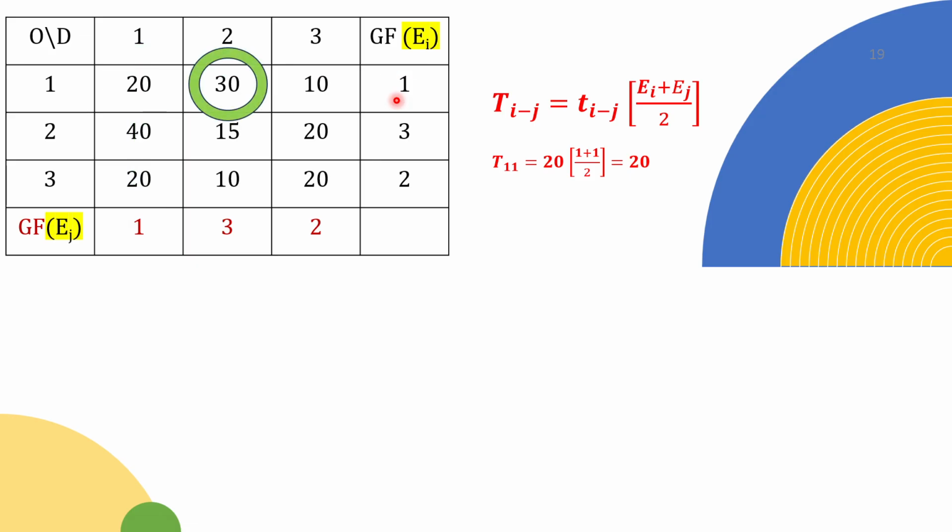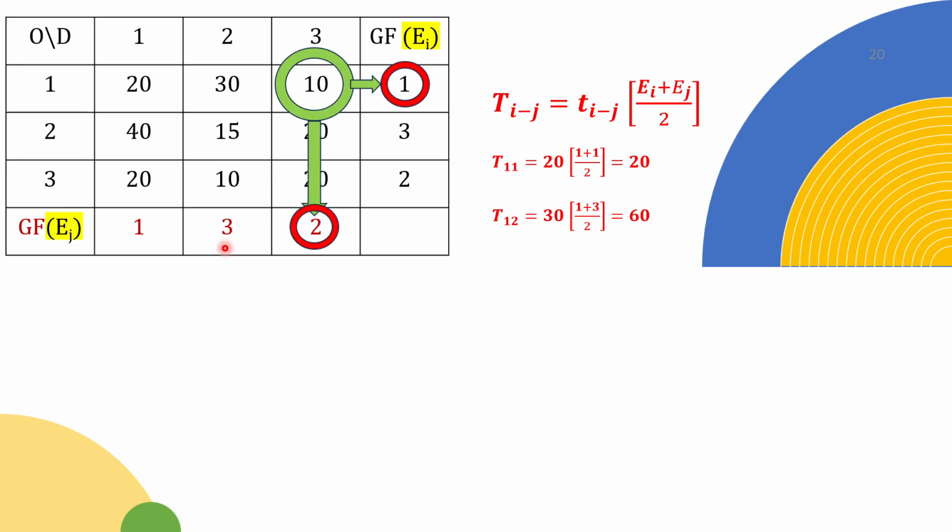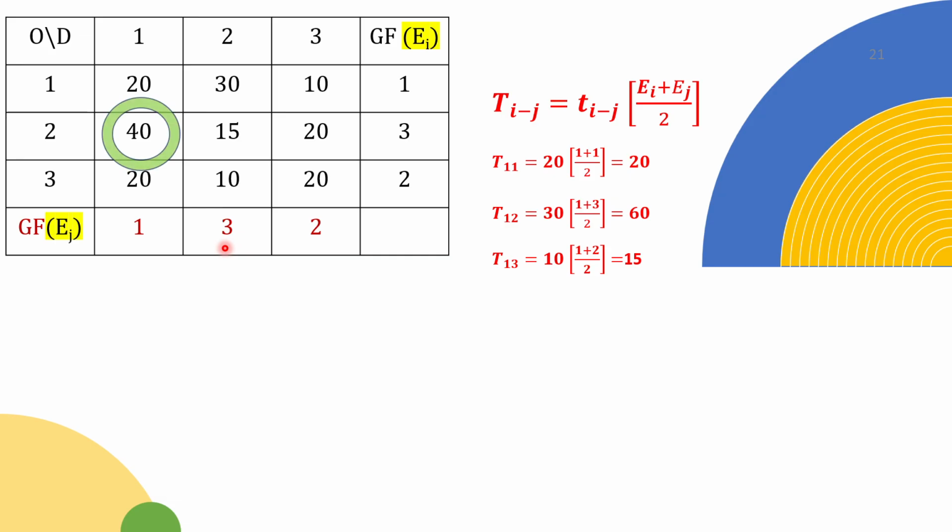Now coming to T12, trips starting from 1 and ending at 2, which is 30. So 30 into (1 plus 3) by 2, which is 60. Now coming to T13, it's 10. Its Ei is 1, Ej is 2. So 10 into (1 plus 2) by 2, which is 15.